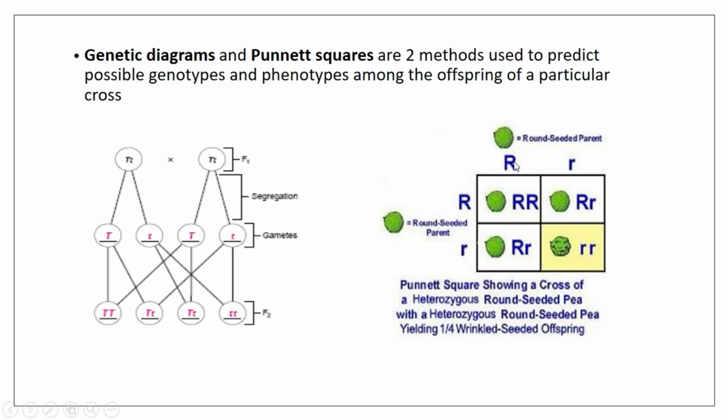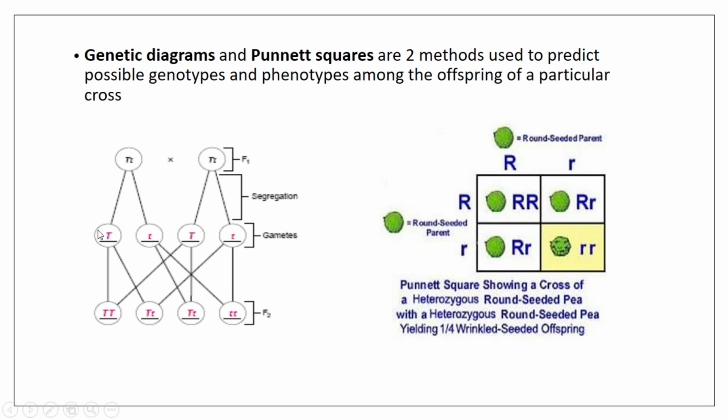Suppose these are maternal chromosomes and these are paternal chromosomes. Then we have to cross each of these gametes and write it in a different square. Then at the end, we can conclude the phenotype and genotype of possible offspring, or filial generations, of these organisms.